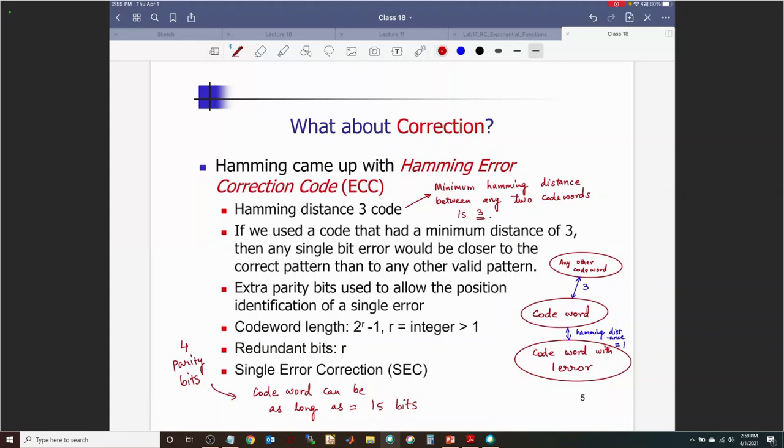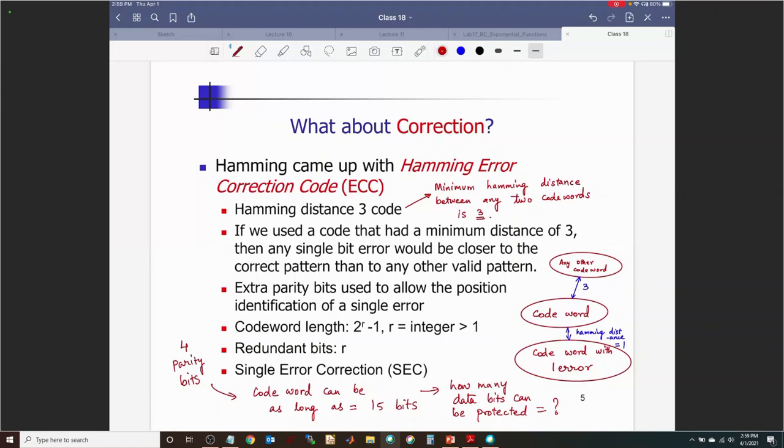Okay, so if my code words in all of the Hamming codes that I can have is as big as 15, how many data bits can I protect? This should be easy. There are 15 bits in the code word.